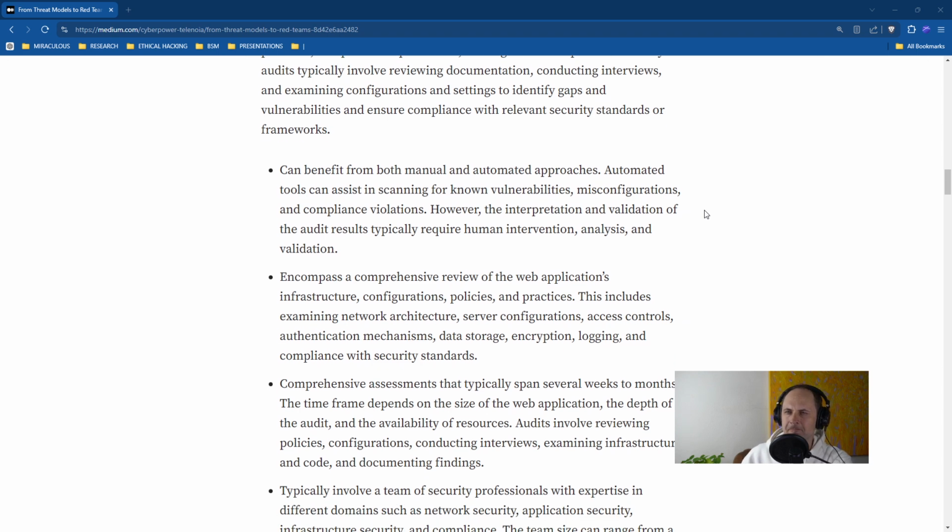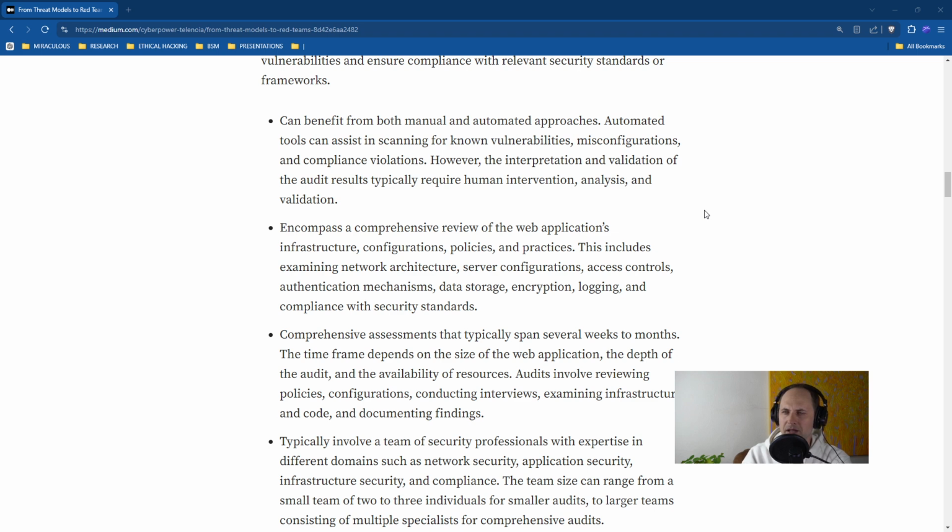An audit can benefit from both manual and automated approaches. Automated tools can assist in scanning for known vulnerabilities, misconfigurations, and compliance violations. The interpretation and validation of the audit results typically require human intervention, analysis, and validation.